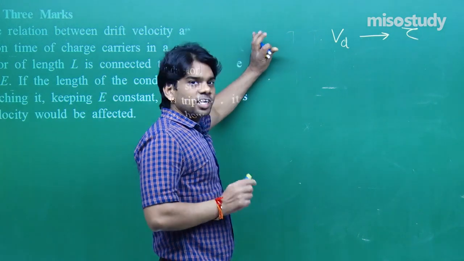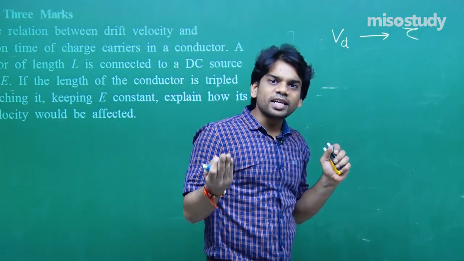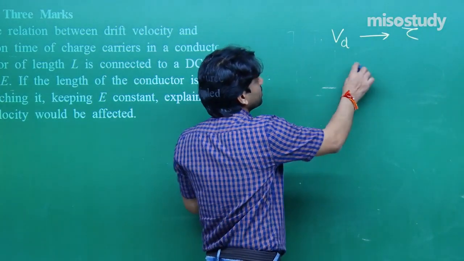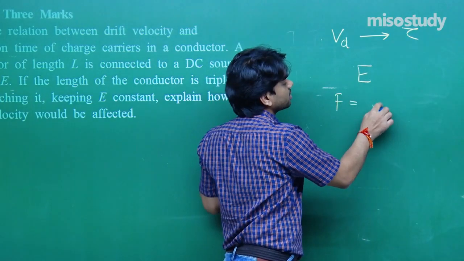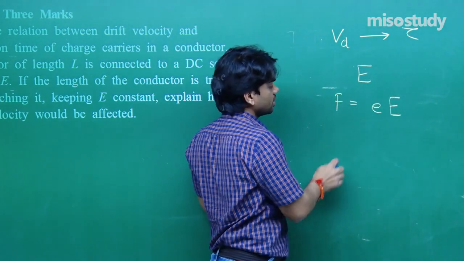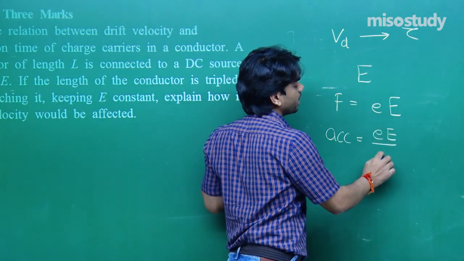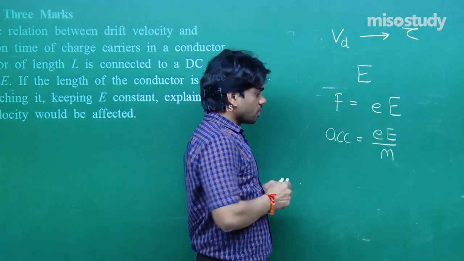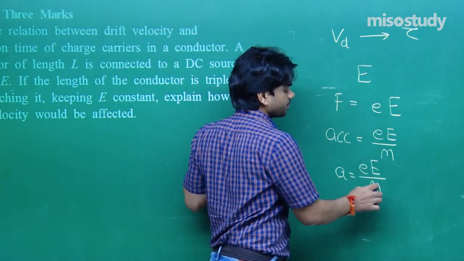Now in any conductor, first try to understand. Let's say the electric field that is existing, that is given as E. So force acting on electron will be given as electronic charge into E. Acceleration a will be given as eE by mass m.